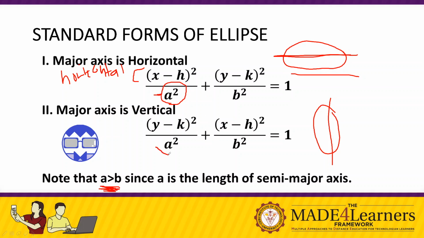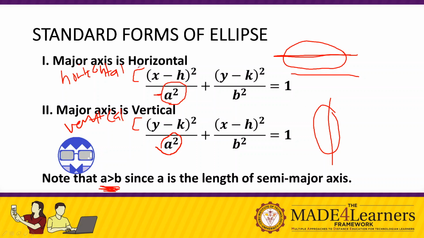Otherwise, if the longest length, which is the semi-major axis, a squared, is under the vertical, can you see it? Then the ellipse is vertical.